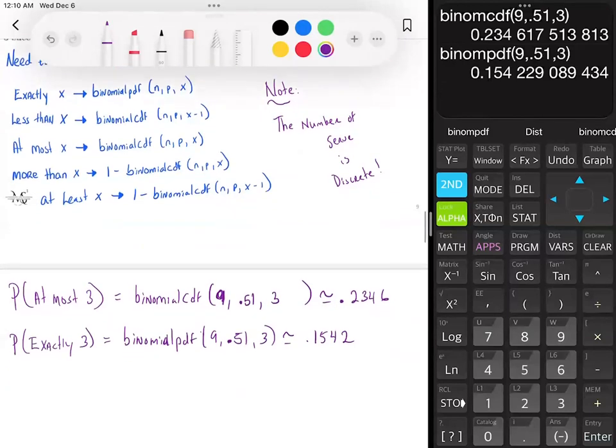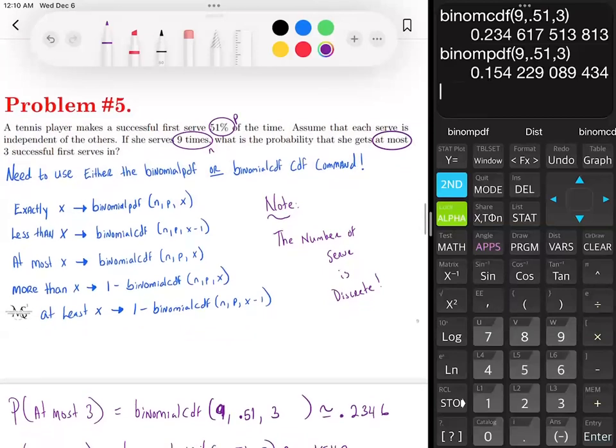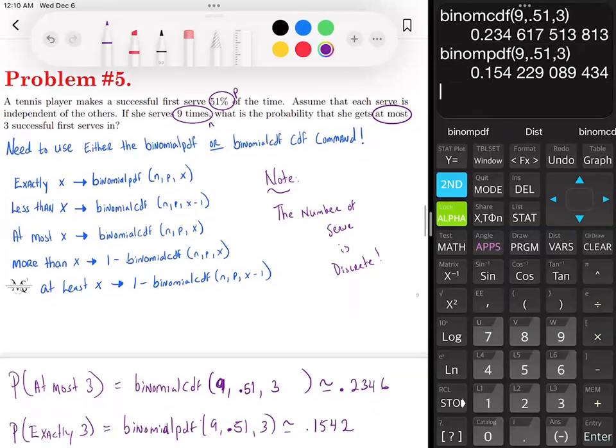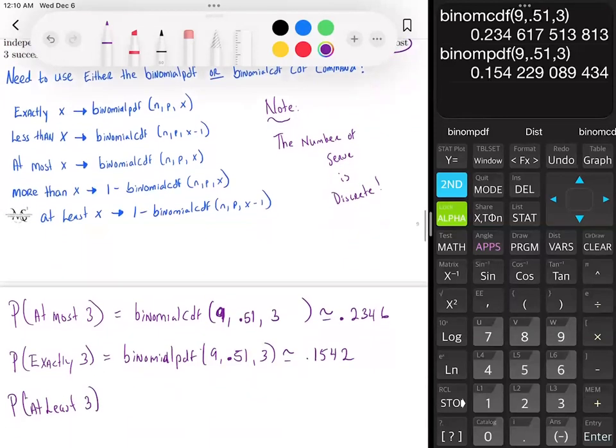All right, just to show you one example, let's say I want to find the probability of at least 3. At least 3 would imply that I want x equals 3, 4, 5, 6, 7, 8, 9. So when you're dealing with at least, it's going to be 3 or more. For us, looking at our rule, we have to use the last one.